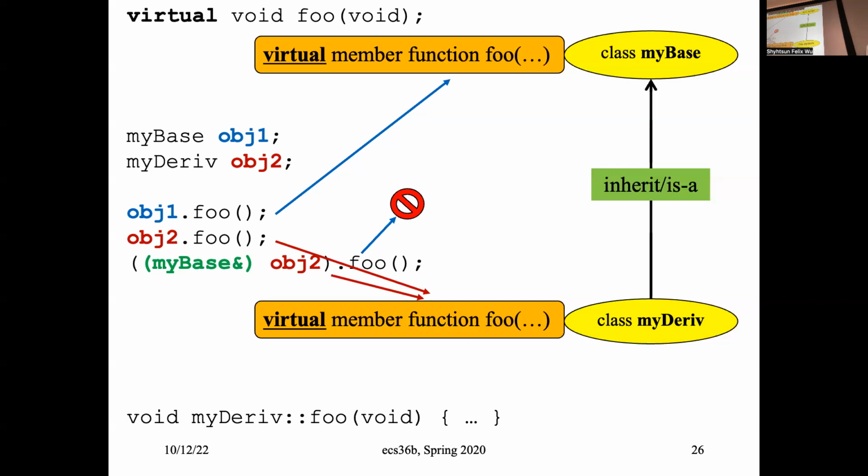What was the question? The question is, how do you interpret the behavior of this? The way I set it up like this, my base and object two. Why will this not change the behavior?